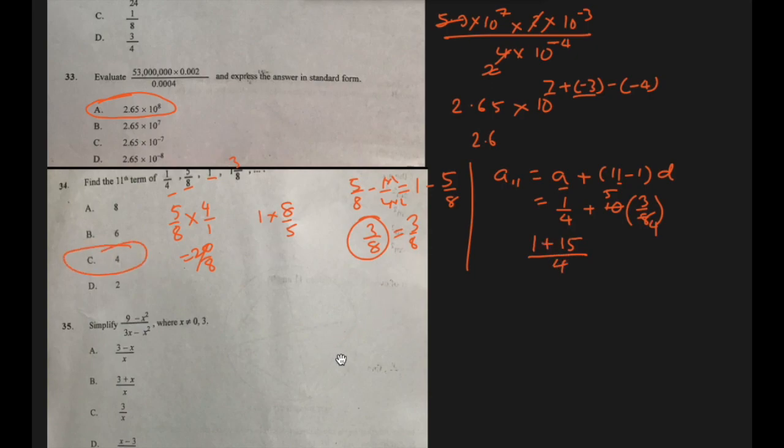Number 35. Simplify this where x is not equal to these two. So we can cancel something here. 9 is a perfect square, x squared is a perfect square. So we can use this identity: a plus b times a minus b equals a squared minus b squared. A perfect square minus a perfect square is the square root plus the other square root times the square root minus the other square root.